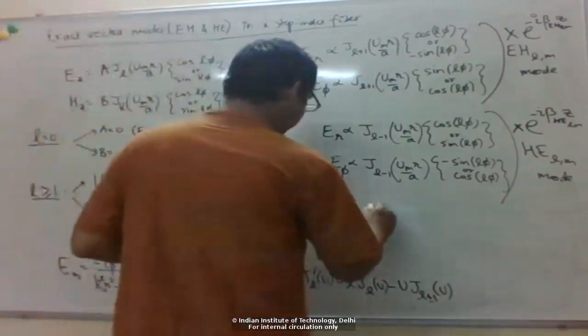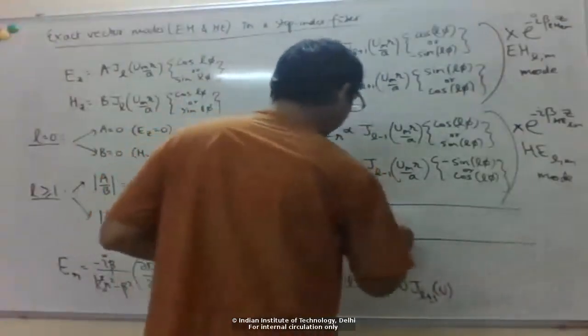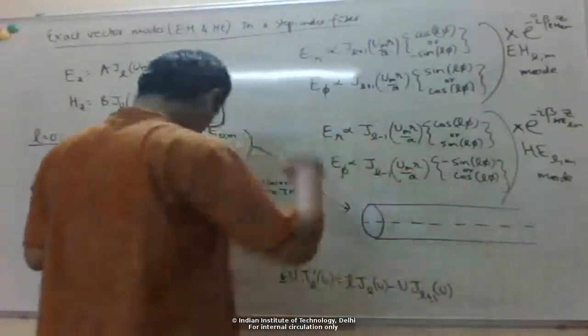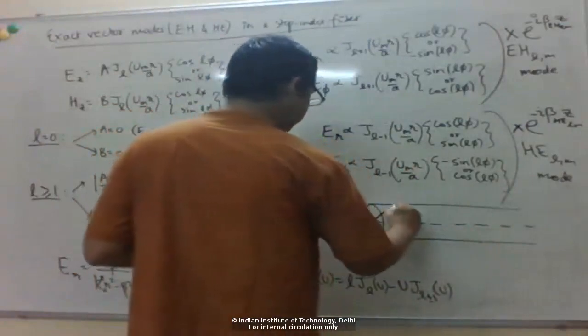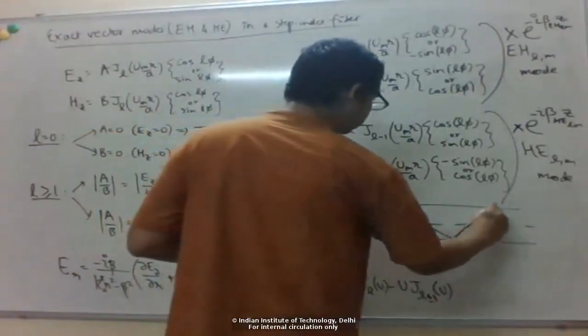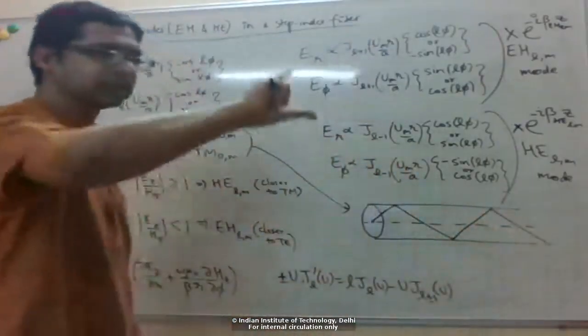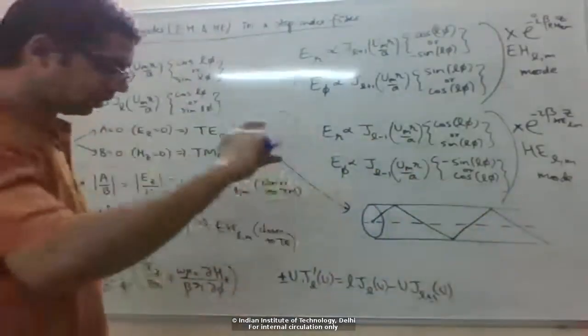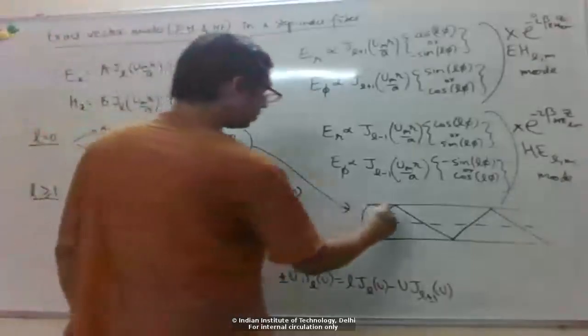Okay, so for example, if I draw the fiber here, right? These rays look almost like what you would get in a slab. So they're not really seeing the cylindrical geometry of the structure.